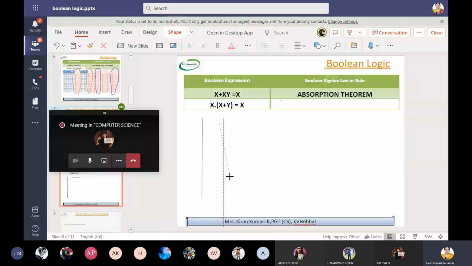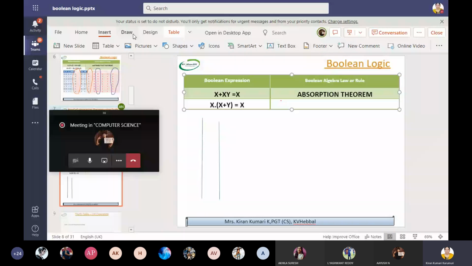So two variables, right? From these two lines I will connect to my integrated circuit. First I need an AND gate. AND is similar to a D shape.